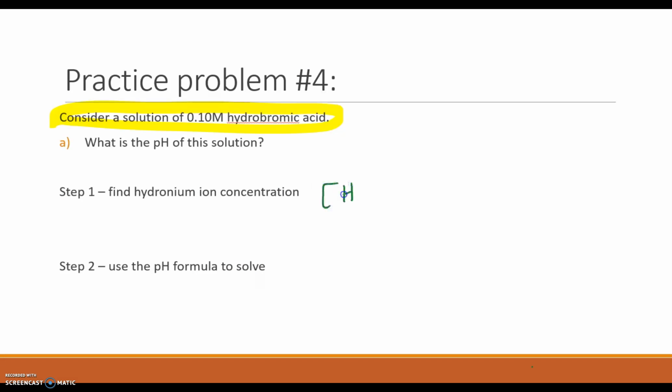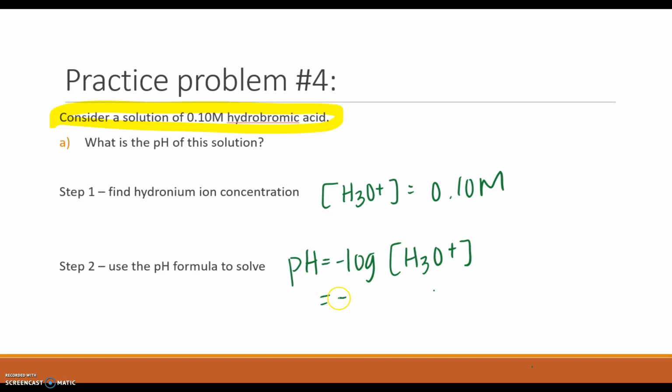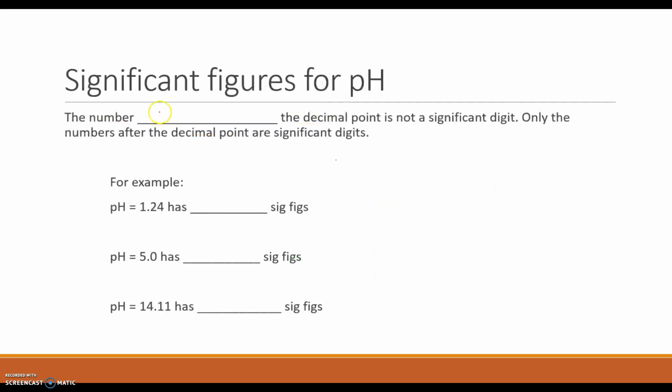But H3O+ concentration for this acid is 0.10 molar. So you're going to use this formula to figure out what the pH is. So you are actually going to plug into your calculator, negative, push the log button, 0.10, enter.